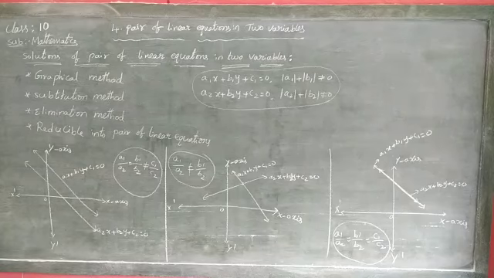In exercise 4.1, the second Roman, he has given us 9 problems. We can solve the 9 problems. Today, we have to do 3 sums. Next day, 3. Next day, 3. Like that, we can complete on or before Monday. Monday, we will discuss the remaining sums in exercise 4.1.